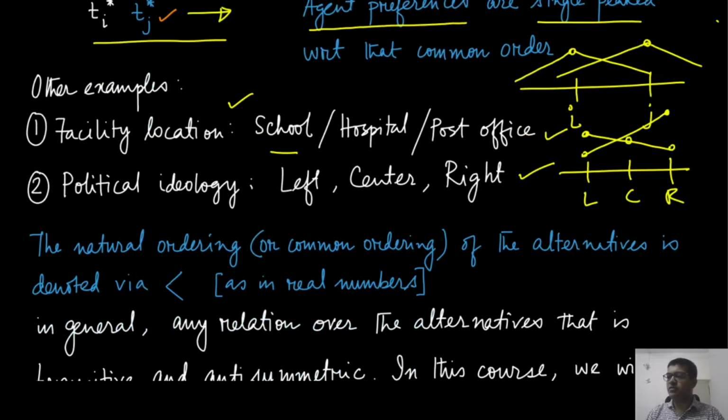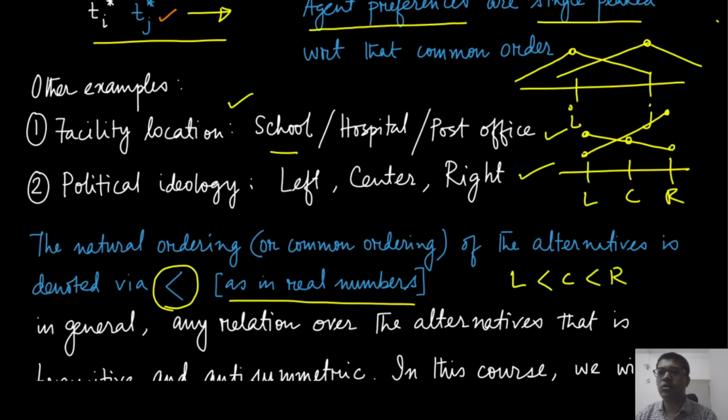For the purpose of this course, we are going to use the strict less than notation, as we use in the real numbers, as the natural ordering. So we will say that L is less than C is less than R. This is the common ordering over the alternatives, and that is something that we will always assume, even though we do not explicitly write it. That is always there in single peak preferences.